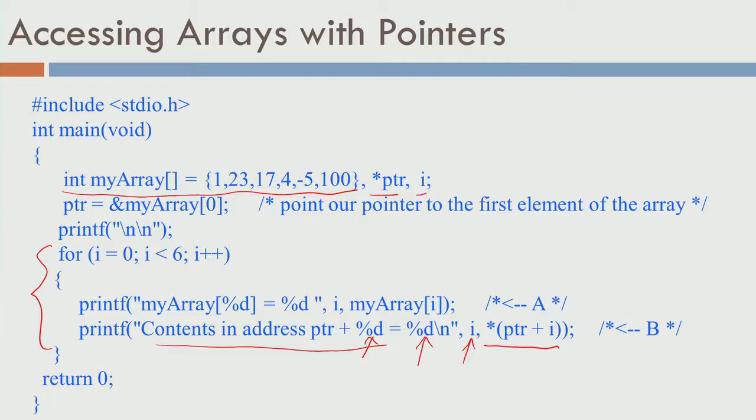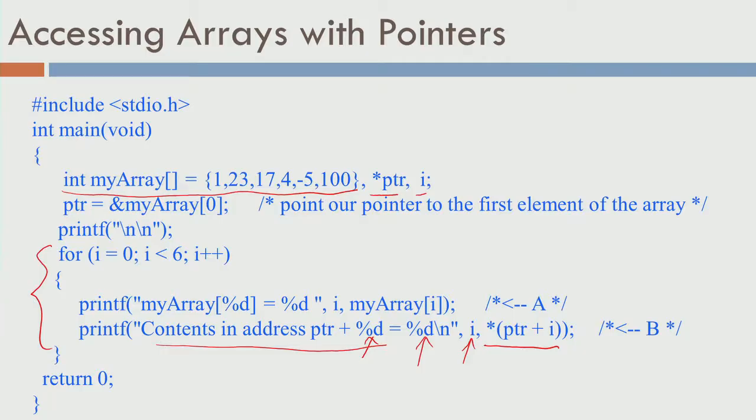So, let us see what this means. In the first line it is straightforward, you are printing the index of the array as well as the value contained in the index for I equals 0 through 5. My array has 6 values and it goes from 0 to 5. In this next line, contents in address ptr plus, if you see the loop, I will take 0, 1, 2, 3 and so on.